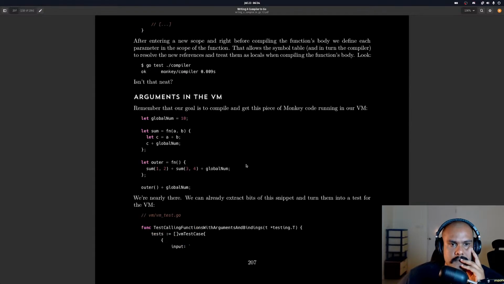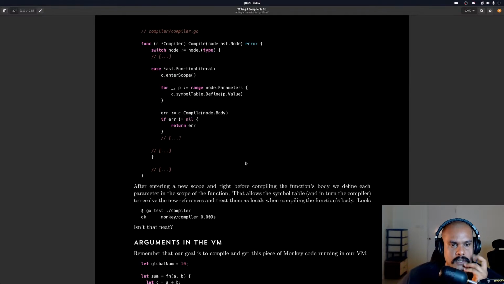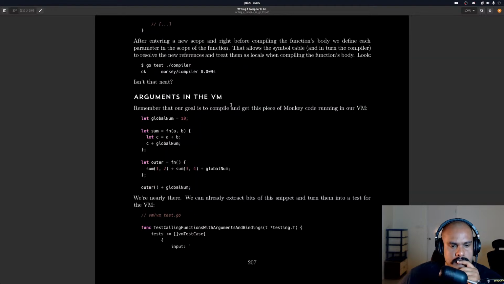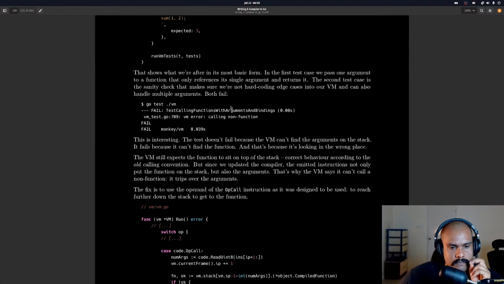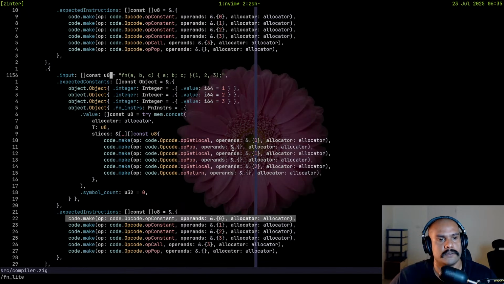I have missed something somewhere. Can't remember what. Yeah. Parameters do get compiled first. Test failed because VM can't find the arguments on the stack. Fails because it can't find the function. That makes no sense.